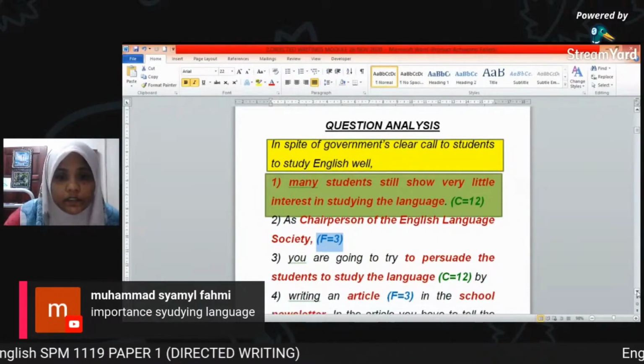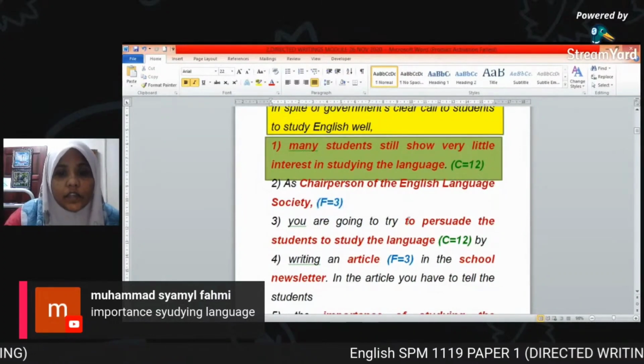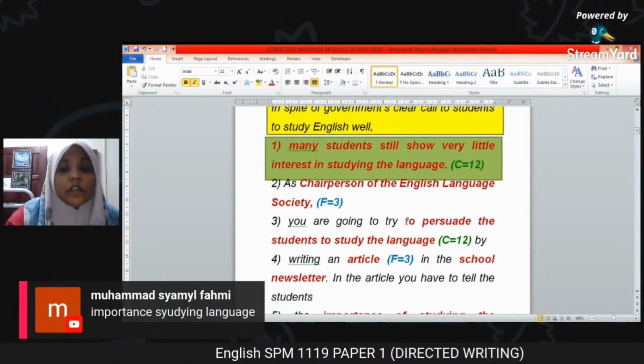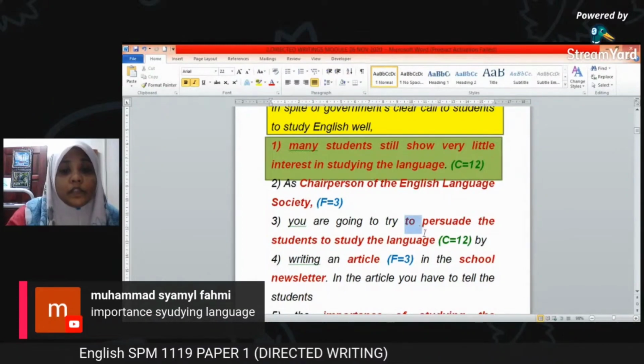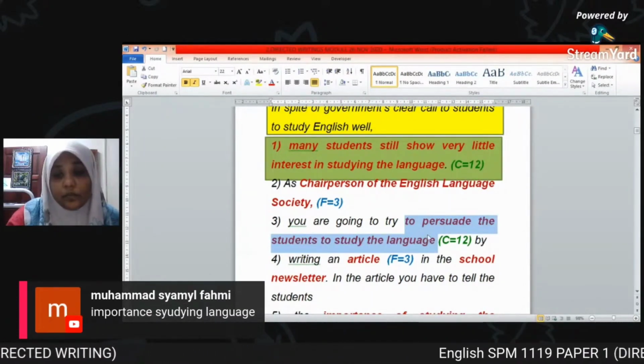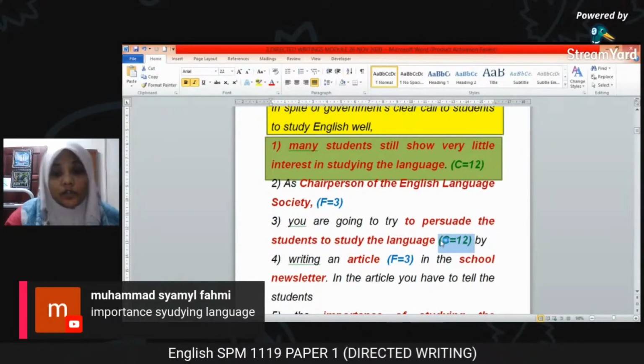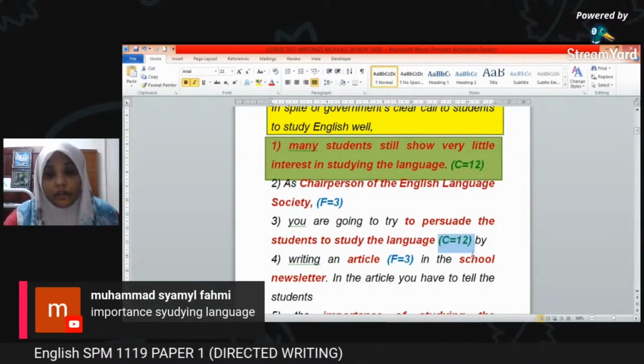Number 3, the third part of the question, is that you're going to try to persuade the students to study the language, which is equal to C12. C12 means referring to the content part.